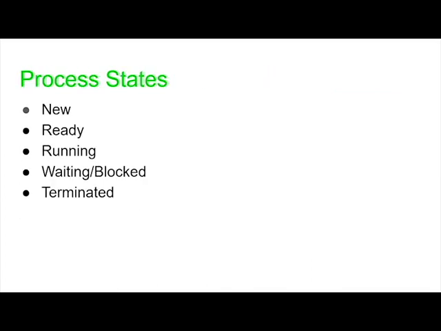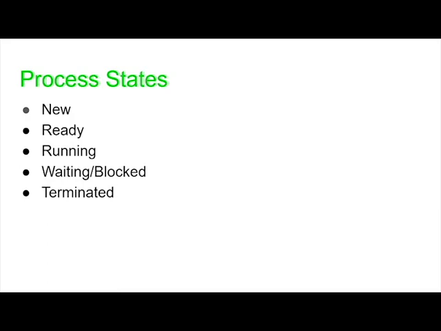There are a total of five process states. Every process goes through different states during its timeline or lifecycle. The five are: new, ready, running, waiting or blocked, and terminated. New means a new process is being created. Ready means the process is waiting for the CPU.